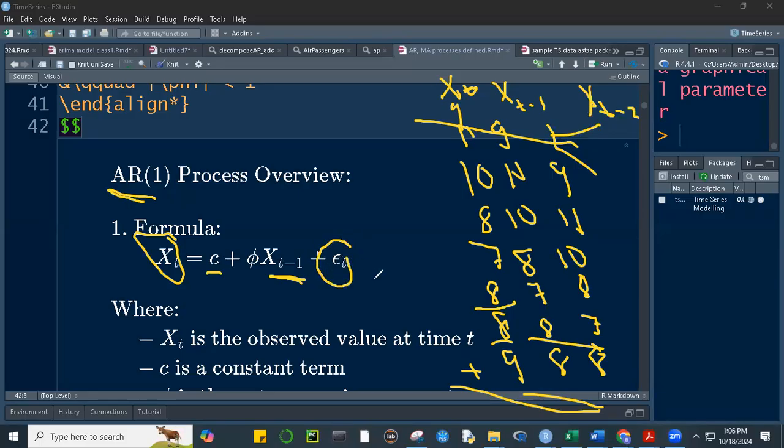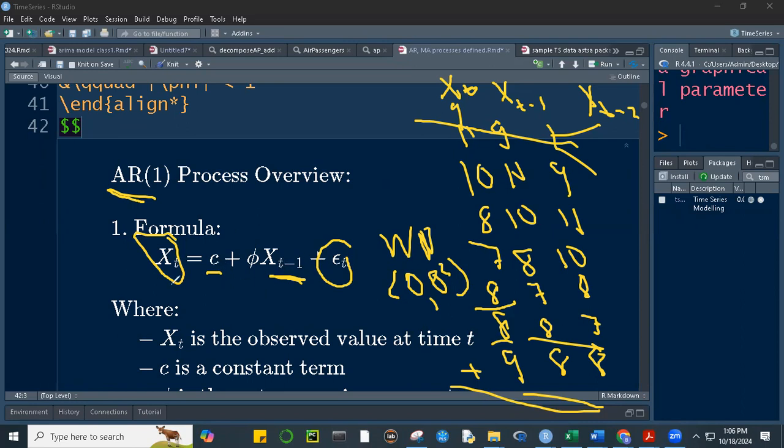This error term, as we have discussed, is white noise with mean 0 and constant variance, sigma squared.